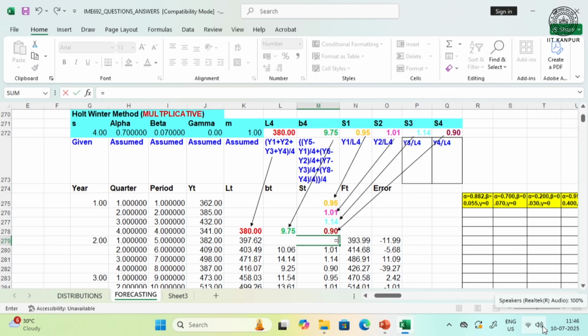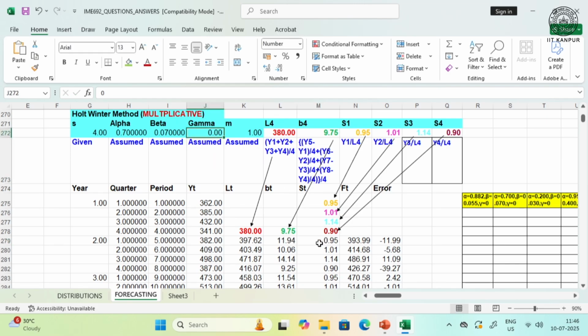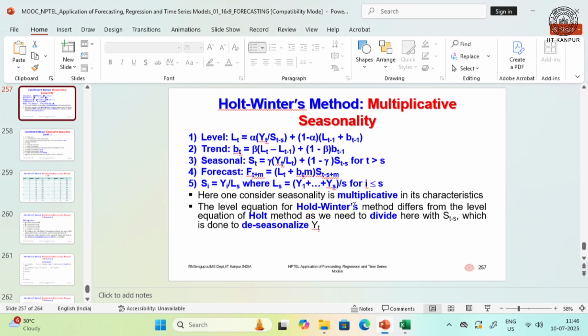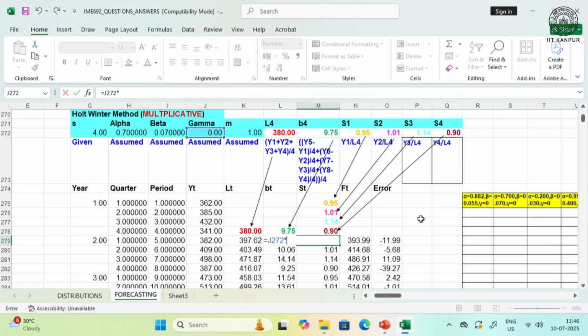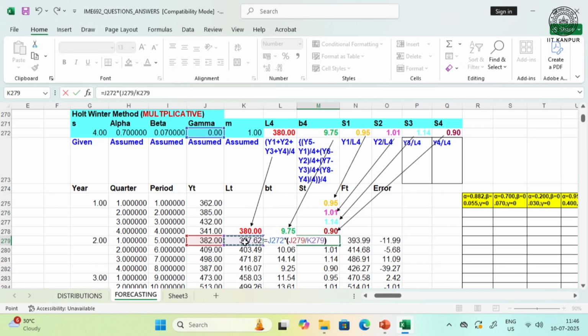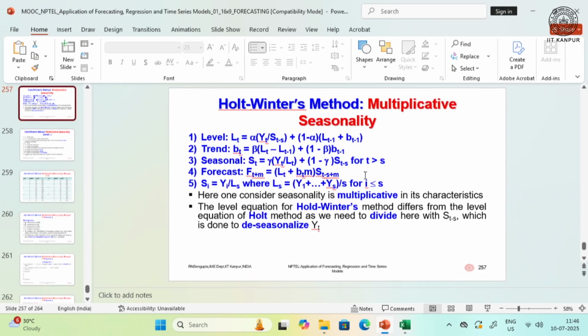So, ST is equal to gamma multiplied by YT divided by LT for the same time period, if you remember, plus 1 minus gamma into ST minus 1.